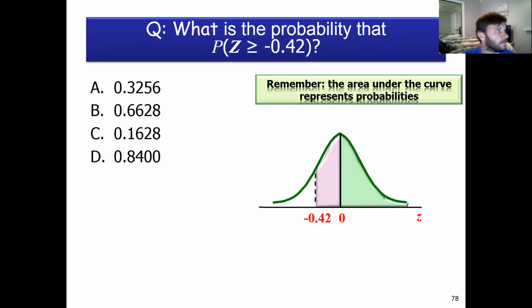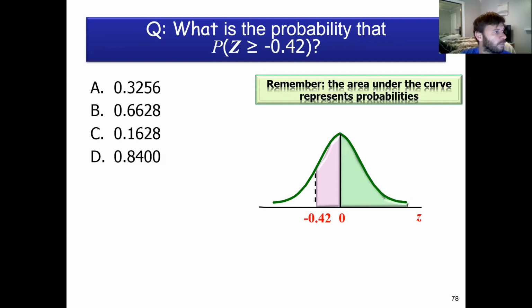Let's try another one. What is the probability that Z is bigger than negative 0.42? And again, I always recommend for these types of problems, making sure that you are really drawing this diagram. I think it helps not get confused about which areas you're trying to identify.